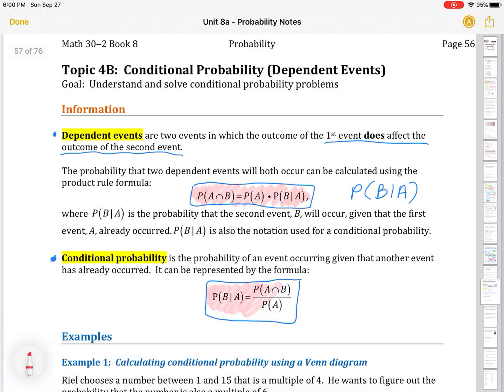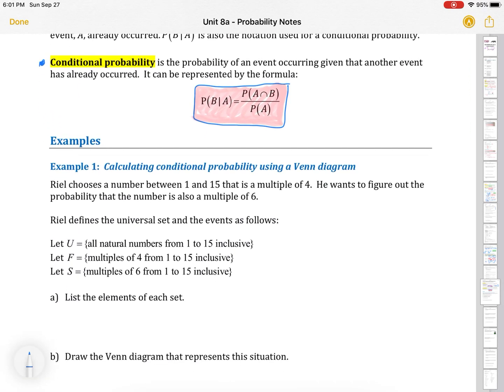You see, it's just a rearranging. If we know the probability of A and B, and we divide it by the probability of A, that will give us the probability of B if A has already happened. So that's the condition.